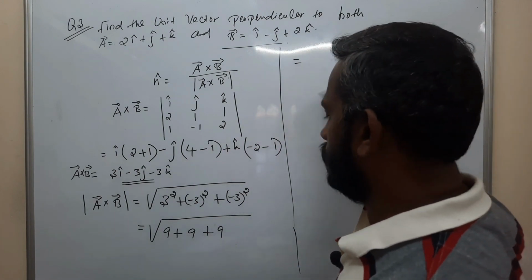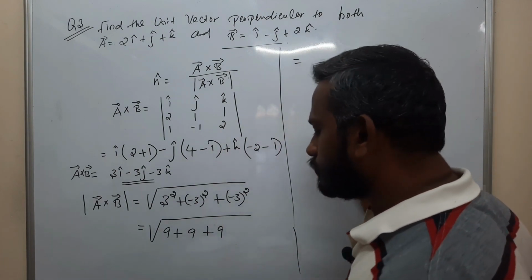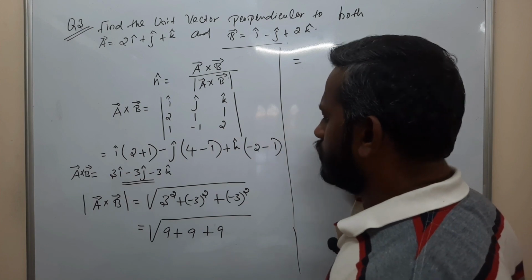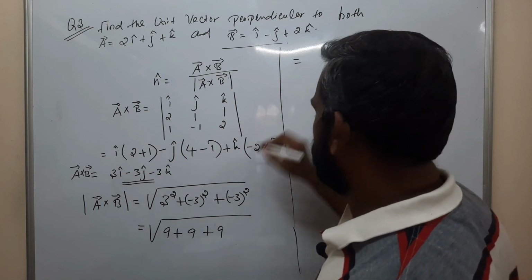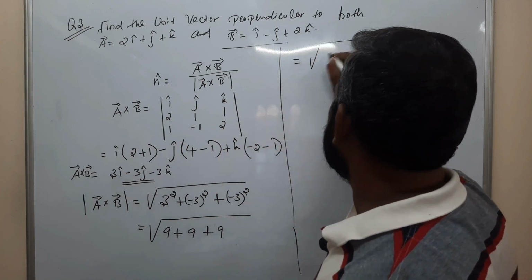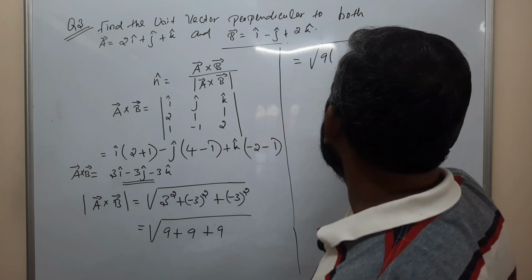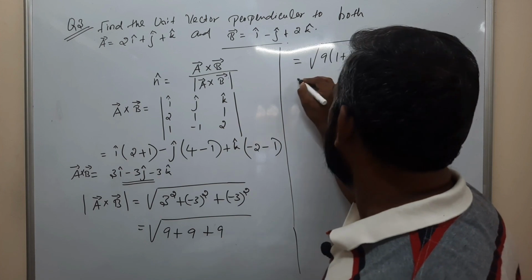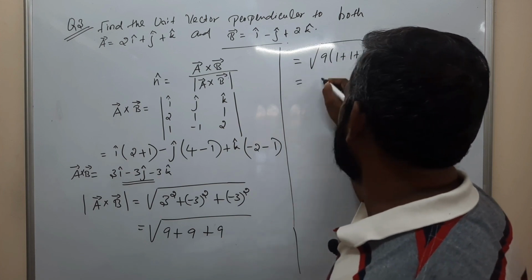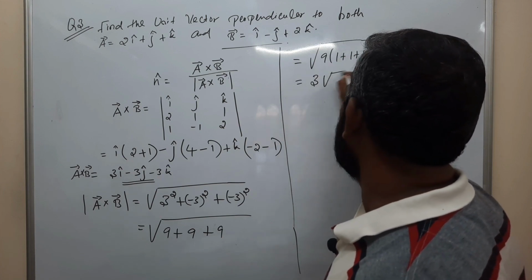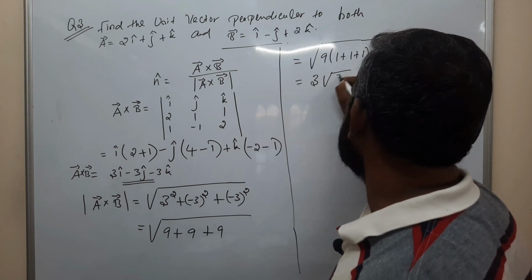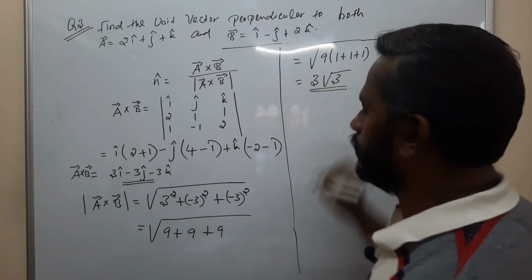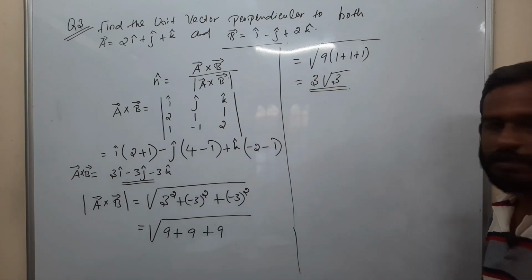Take 9 commonly outside, square root of 9 into 1 plus 1 plus 1. So square root of 9 is 3, root of 1 plus 1 plus 1 is root 3, that is 3 root 3. That is the modulus of a vector cross b vector.